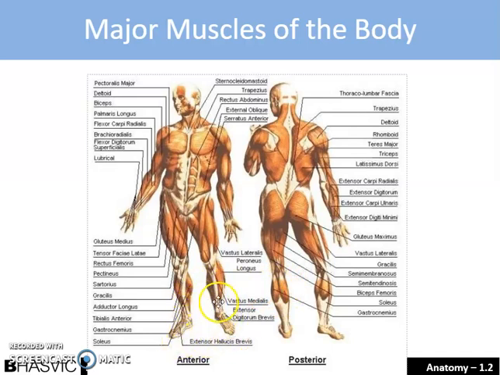All of these muscles that we've just described, at the shoulder joint, radio-ulnar, elbow, knee joint, hip joint, and the spine joint, are all shown on this diagram.